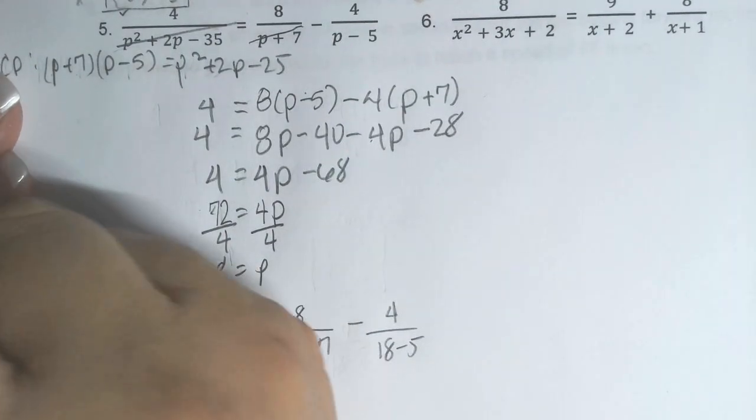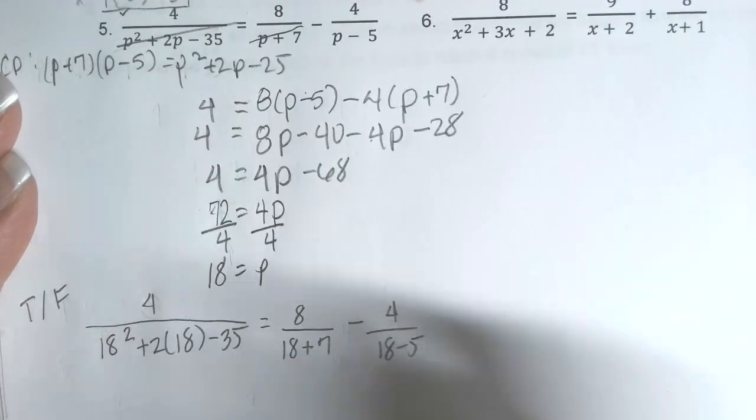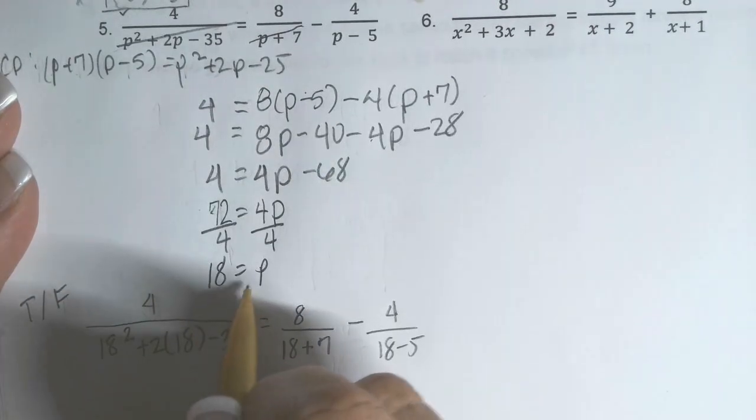So we're doing true, false. We want true, and we're supposing p equals 18.